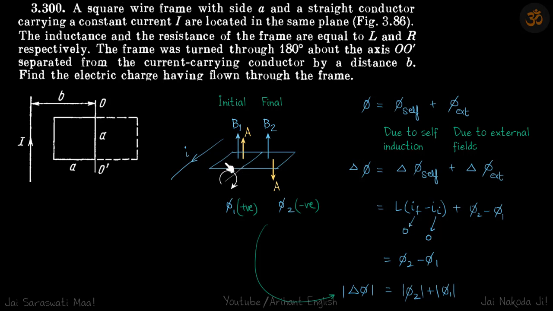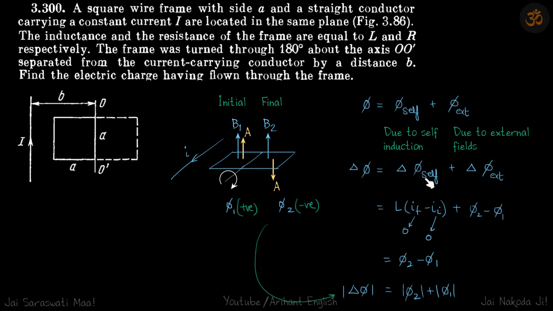So if this loop will have a current, which will occur when it starts to turn, at that time the flux will be due to self induction as well as due to external fields. So net flux is phi self plus phi external. So the change in flux which we are interested in is therefore change in phi self plus change in phi external.